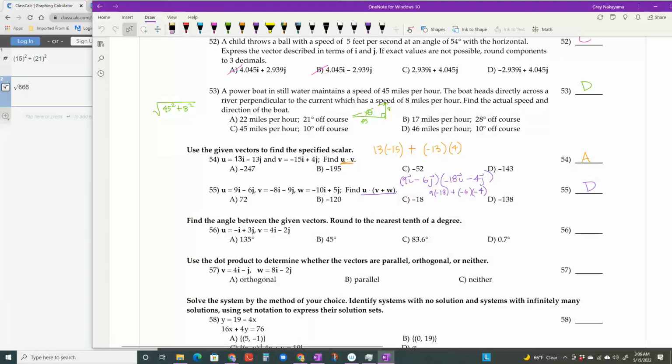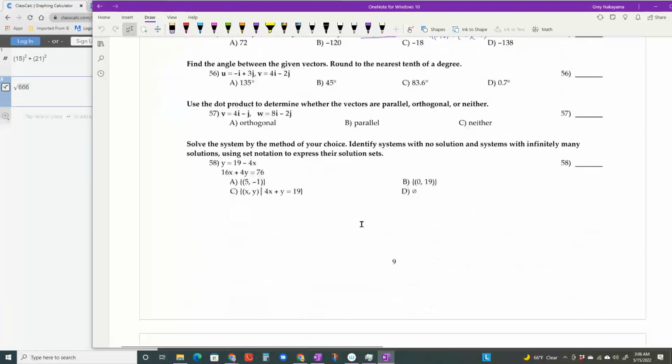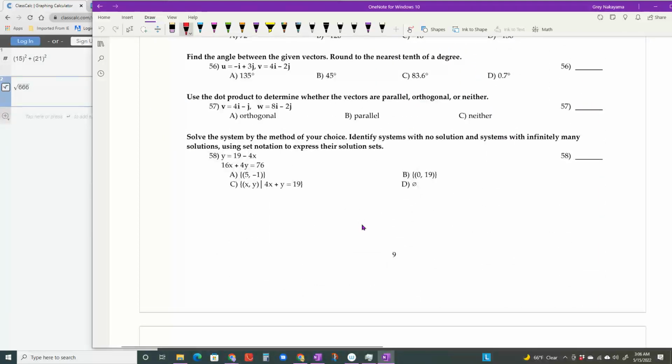All right, we're on the down home stretch. 4 left. 56. Find the angle between the vectors. Okay, so your angle, it's the cosine of the angle, so this is inverse cosine. And it's the dot product, which means that's going to be negative 4 when I multiply the i's, plus multiplying the j's is going to give me negative 6, over the product of the magnitudes.